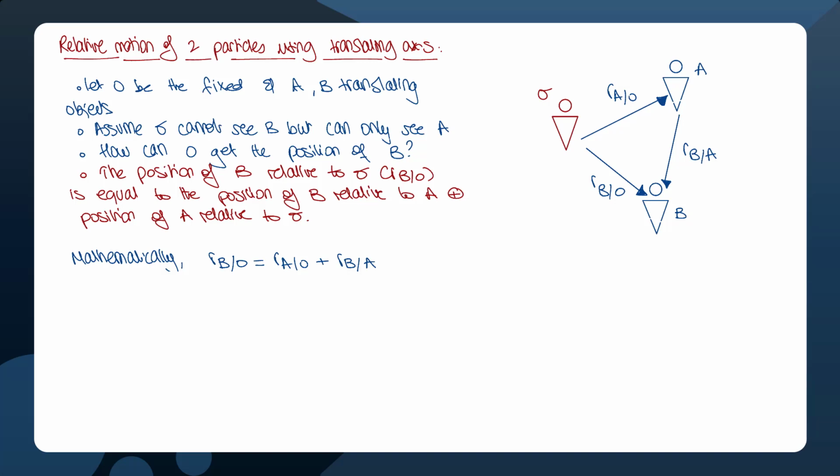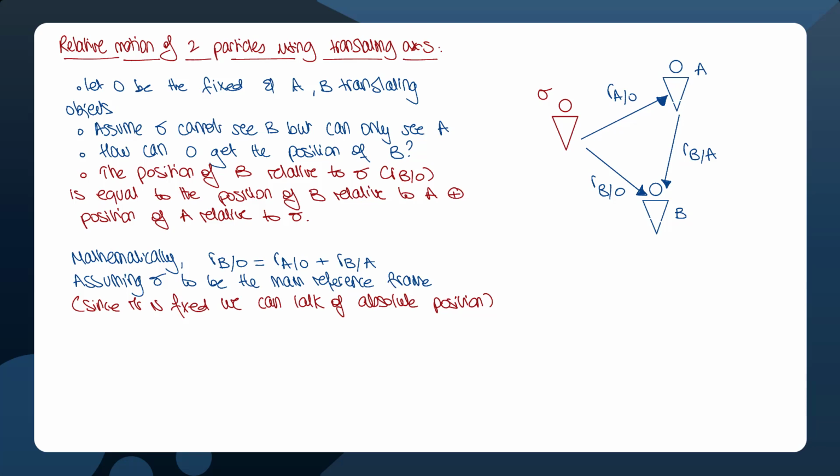Now if we assume O, given that it's fixed, to be the main or absolute reference frame, one can write that R_B, the position of B in absolute terms, is equal to the position of A in absolute terms plus the position of B relative to A.